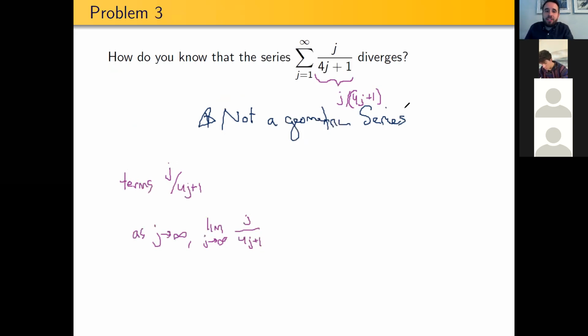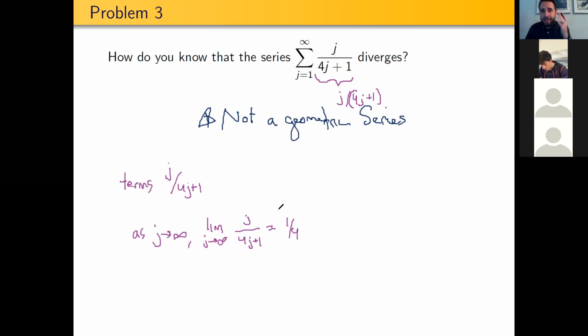As j goes to infinity, the limit of those terms gets closer and closer to 1/4. The numerator and the denominator look more and more like 1/4.